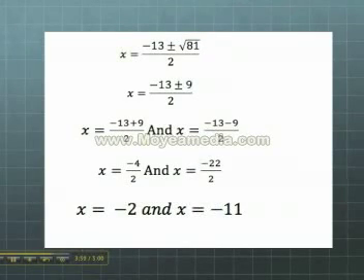So I got x equals negative 13 plus 9 divided by 2, and x equals negative 13 subtract 9 divided by 2. So x equals negative 4 divided by 2 and x equals negative 22 divided by 2. Once you divide those, you get x equals negative 2 and x equals negative 11. So those are the two answers of the quadratic equation for x by using the quadratic formula.